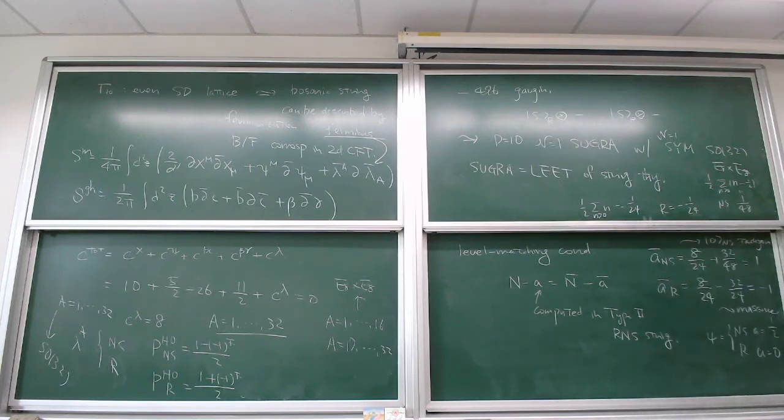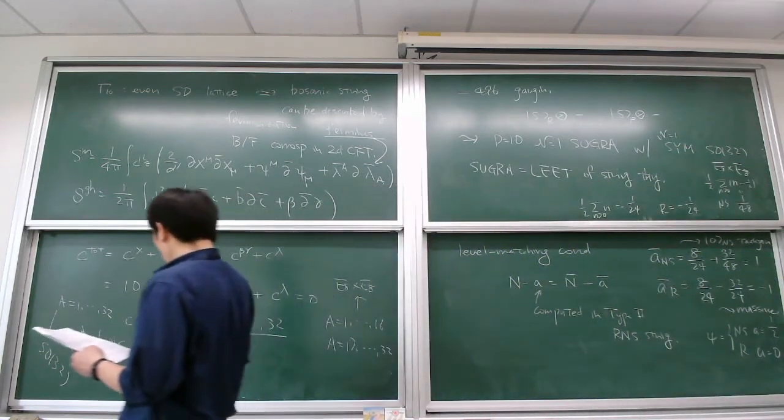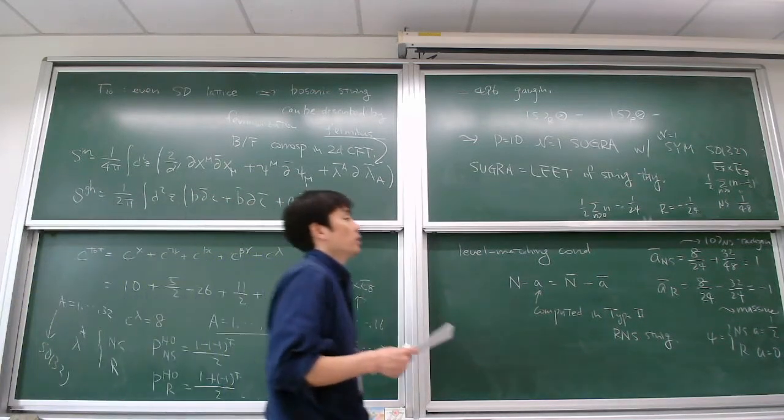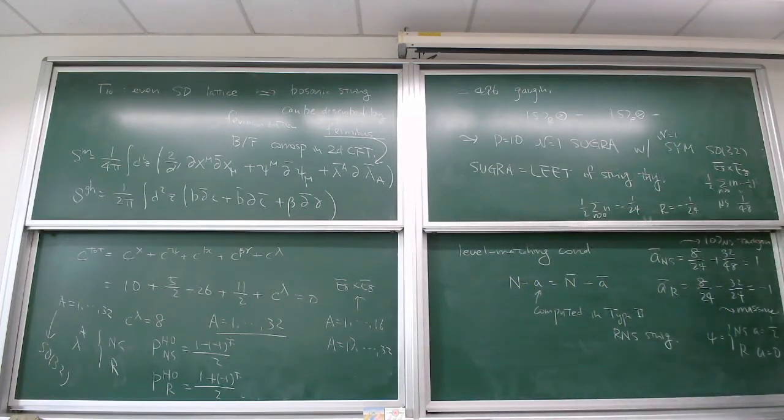And now, so we know that the right moving sector is bosonic. Okay? So it's a bosonic string.